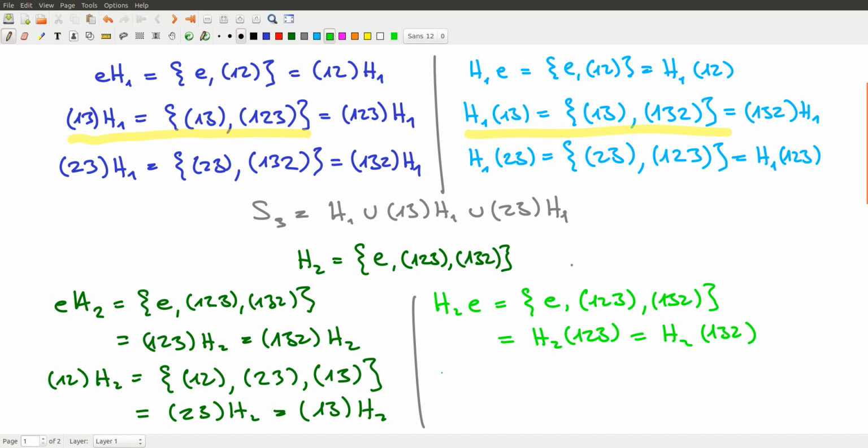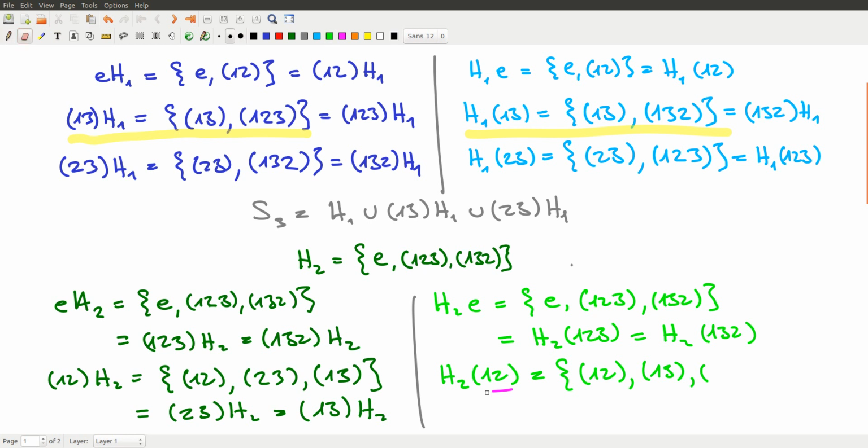Now, what about H2 times (1 3)? There's a (1 3) in here, and then we have to multiply (1 2 3) with (1 2). 1 is mapped to 2, and 2 is mapped onto 3. Should check. 3 is mapped back to 1. Fine.